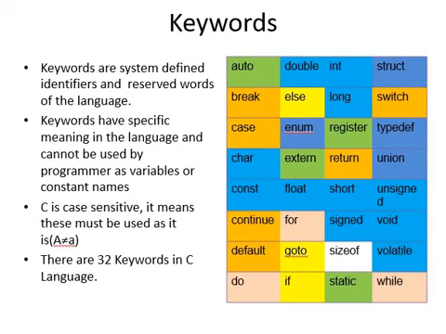The amber color, that is the yellow color, is also called conditional statements, along with break, continue, and return as well. Whereas the light red color is for loops. So sizeof is an operator. I think I have covered each and every keyword color syntax over here.